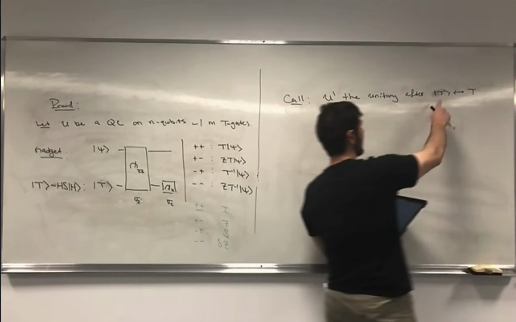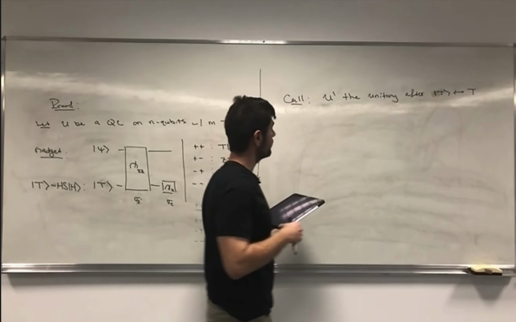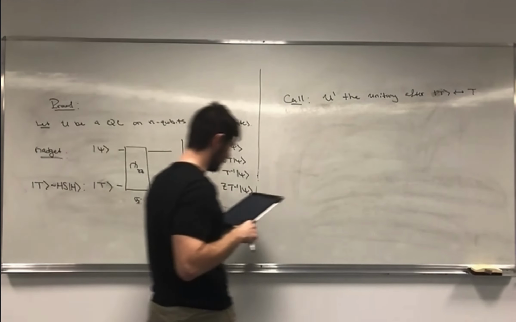So this is the gadget for the actual gate. So call this the new unitary, which we get by doing that replacement.